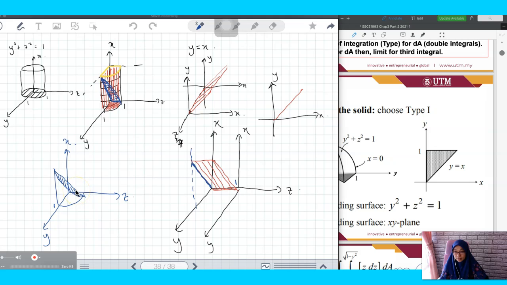Okay, so maybe my sketching is not so correct, but the important thing here, I don't penalize you if you sketch not so correct, as long as you can provide me your lower bound and the upper bound, that is okay.